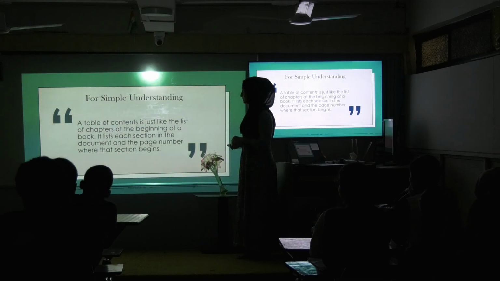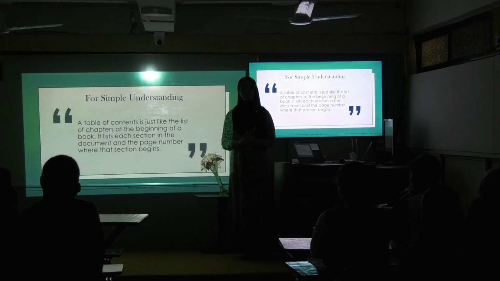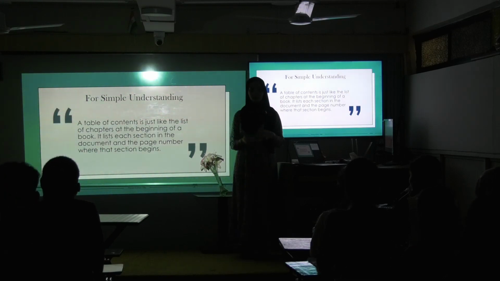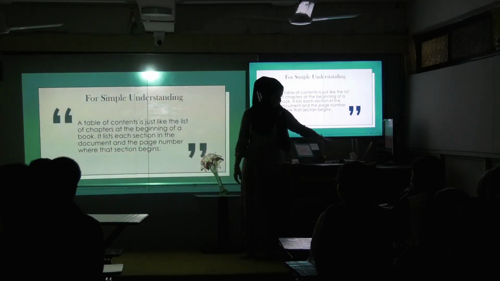It lists each section in the document and the page number where that section begins. As I told, it not only tells us the chapter name, but it also comes with heading and subheading, and also the page number. Serial number is also included with index as well. But the table of content gives us subheading options and it is more professional.